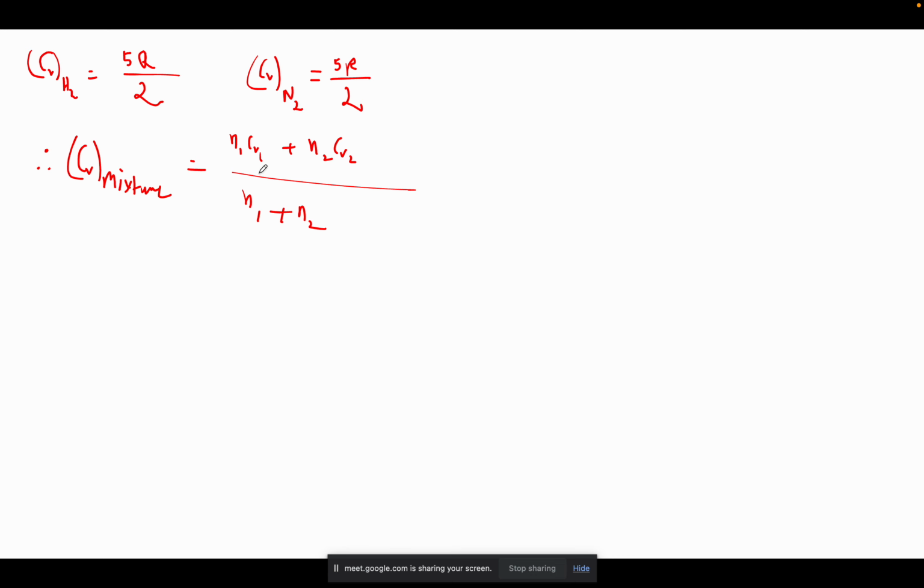So if there are n components, you will weight by the number of moles present with the individual CV divided by your total number of moles. Here N1 is my number of moles of hydrogen. Let me assume the number of moles of hydrogen as N. As per the question, the number of moles of hydrogen and nitrogen are the same.